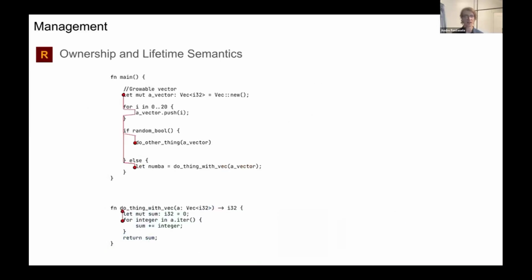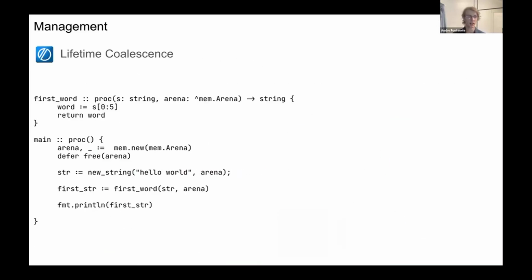So you can still take these ideas, and again, this last one, lifetime coalescence, you can write your own arenas in C. The elites don't want you to know this, but you can write allocators yourself and use them. And a lot of people do. I think Quake and a lot of the earlier game dev stuff used pretty heavily these arena style custom allocator structures. So they're very popular in game dev circles.